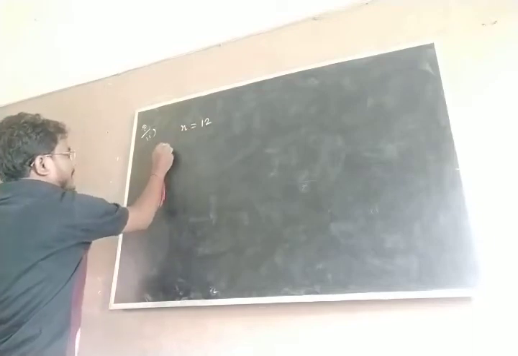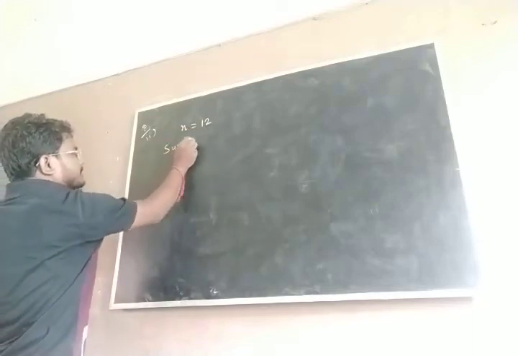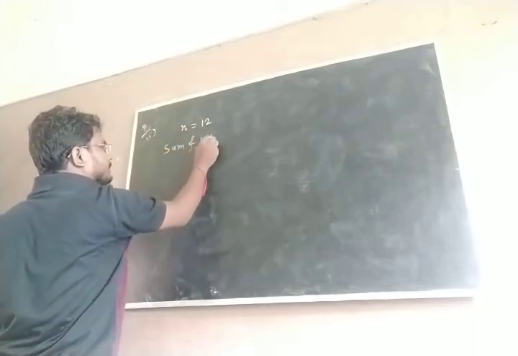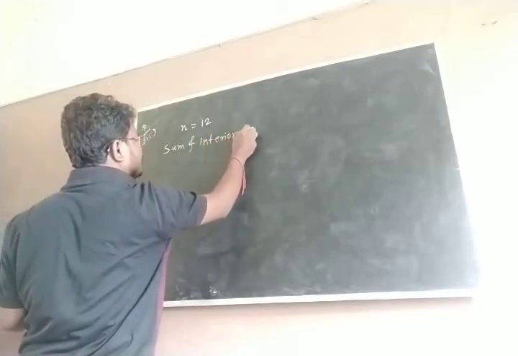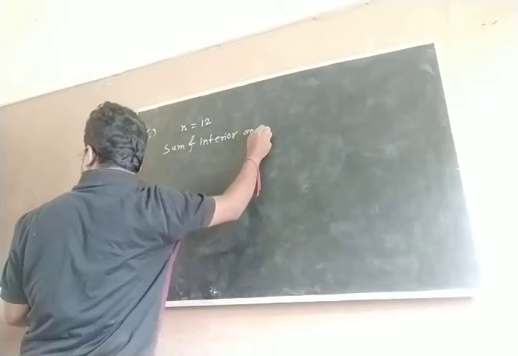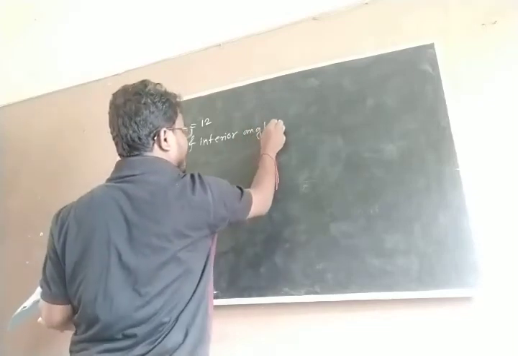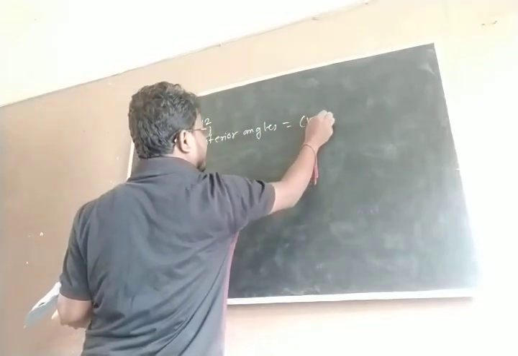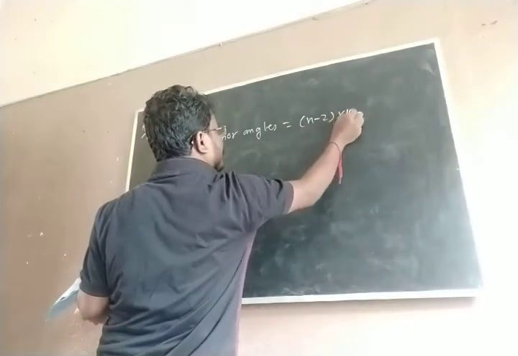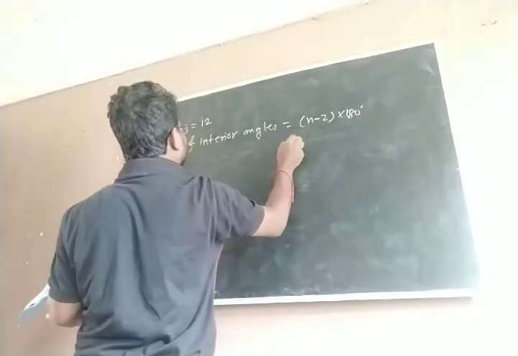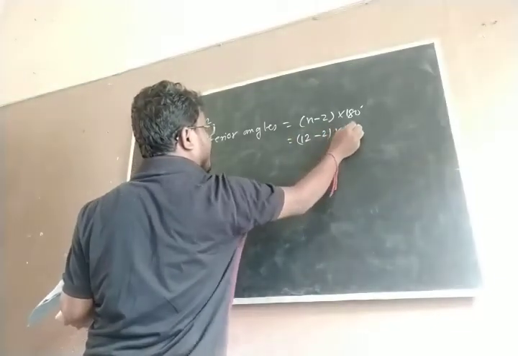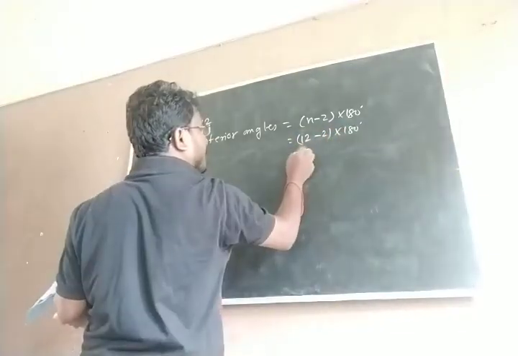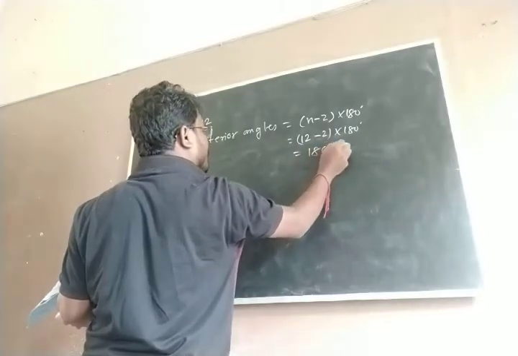Now we have to find the sum of all interior angles. I wrote one formula: sum of all interior angles equals n minus 2 into 180 degrees. n is 12, so 1800.